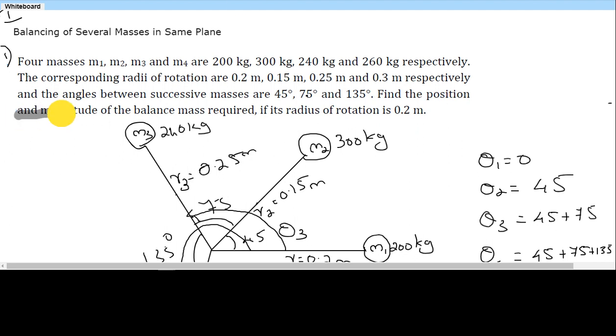So this is the analytical method, but we are required to find out the position and magnitude of the balancing mass. Position we have found out, that is the theta we got, 21.31 degree. But magnitude we still have to find out. To find the magnitude, they have given one thing: the radius of rotation of the counter mass or the balancing mass is given.